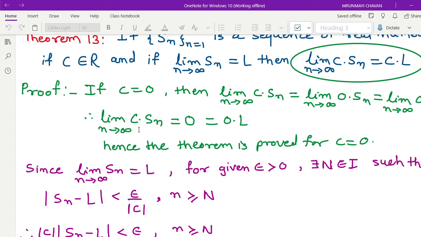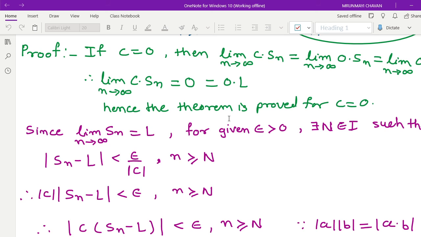So we have shown that the limit of C into Sn is equal to 0, and the right hand side is C into L. Since C is equal to 0, 0 into L is also equal to 0. So both sides of the statement, limit of C into Sn equal to C into L, are equal, and therefore we have proved this theorem for C equal to 0.